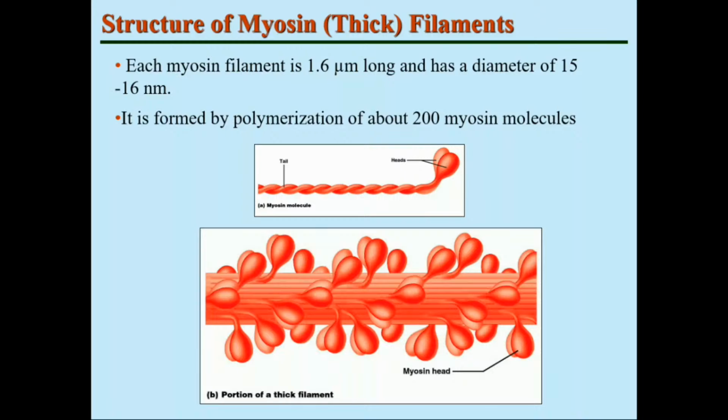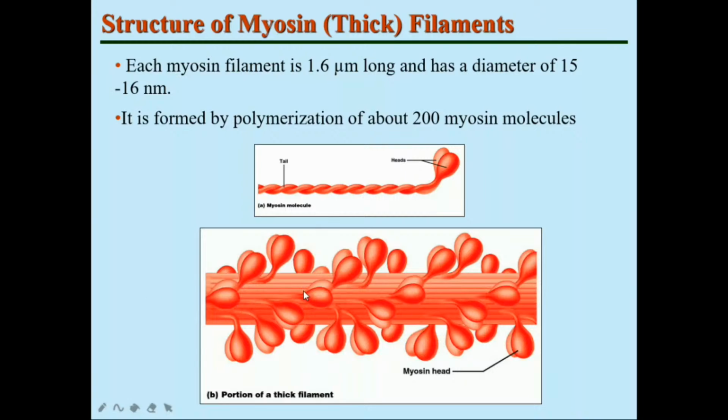Each myosin filament is 1.6 micrometers long and has a diameter of 15 to 16 nanometers. You can see over here, this is the thick filament.